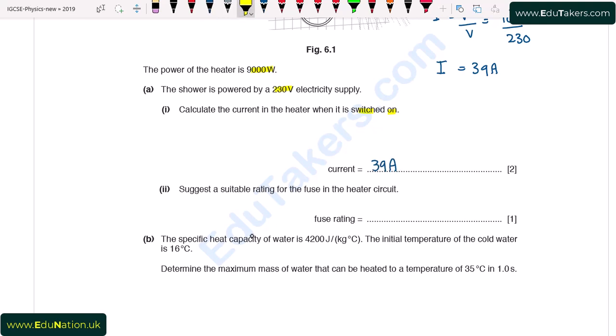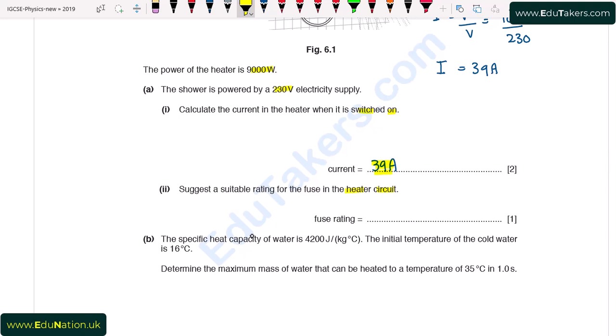Part 2. Suggest a suitable rating for the fuse in the heater circuit. Here we have to suggest which fuse rating is suitable for the heater circuit. For the fuse rating, first of all we see the current that is passing through the heater, and it is 39 ampere that we already calculated. So the fuse rating must be greater than this value.